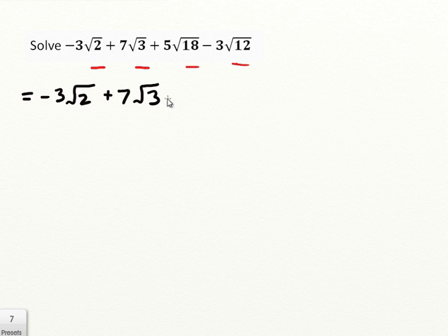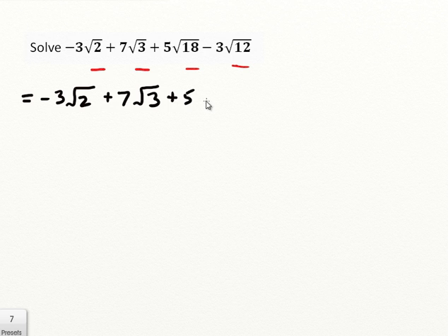However, if I look at this root 18, I'm not going to go through the whole process of writing out the factors, but I know that that is the same as 9, a perfect square, times 2. And similarly, the root 12, I know that a perfect square is 4, and that's 4 times 3.